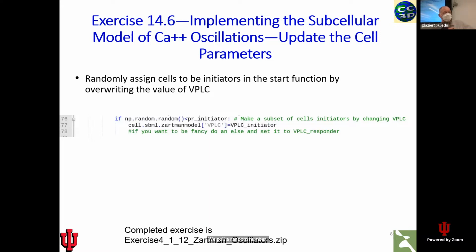If np.random.random is less than the probability of initiation, 0.1, we change the value of VPLC to that higher value, VPLC initiator. And if you want to be fancier, you'd say else cell.sbml Zartmann model VPLC equals VPLC responder, or standby, right?